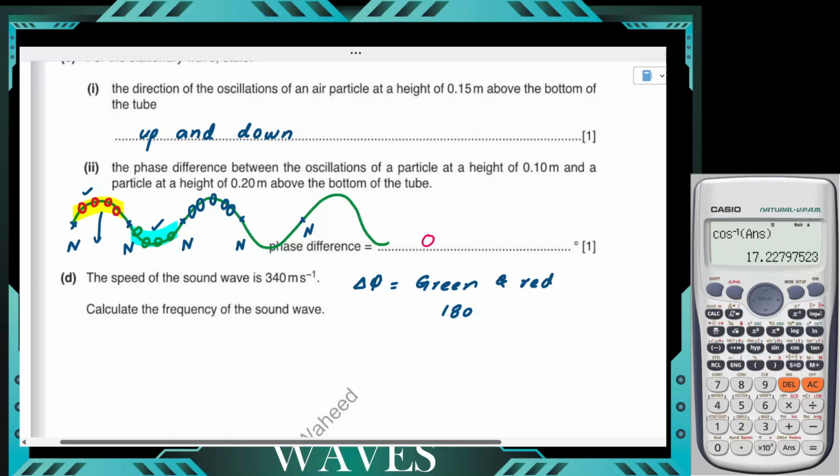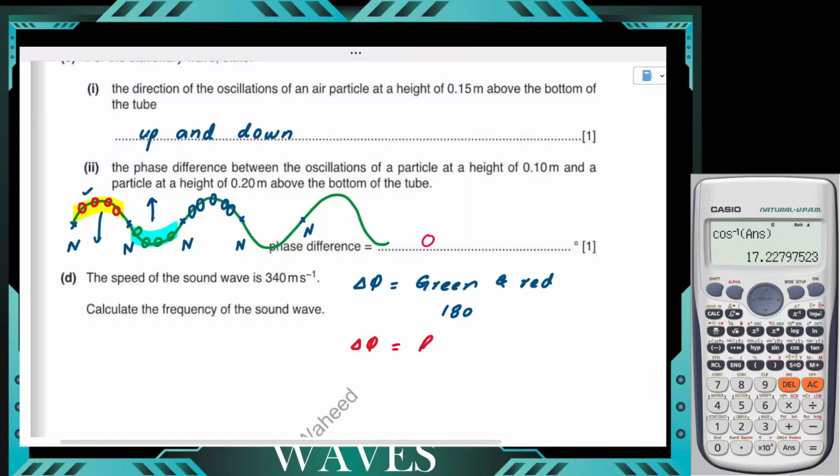The wave won't be progressing left to right. So once the red particles are going downward, the green particles would be moving upward. They have opposite directions of motion, thereby the phase difference between them would be 0. Oh, sorry, 180.